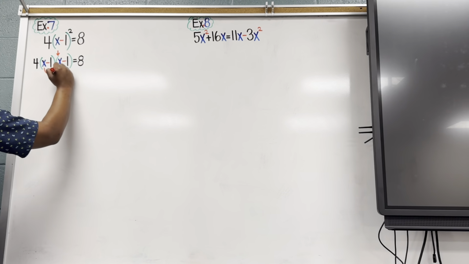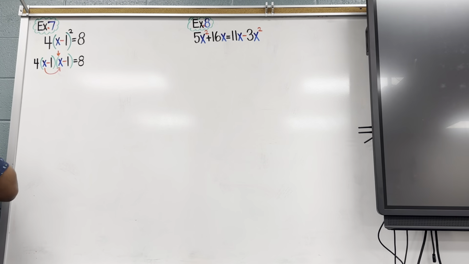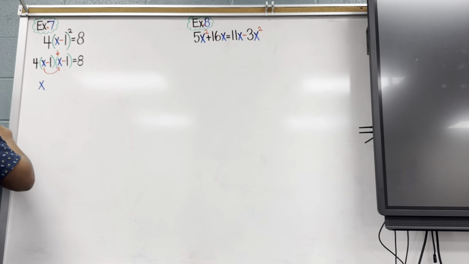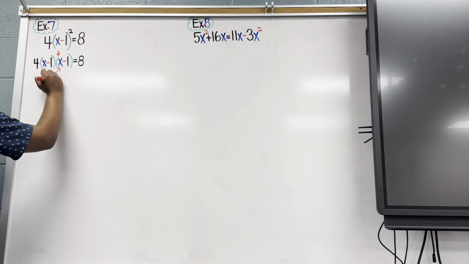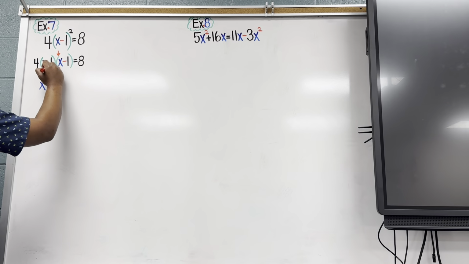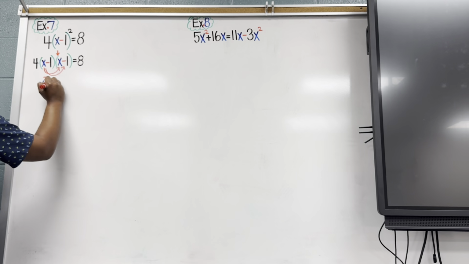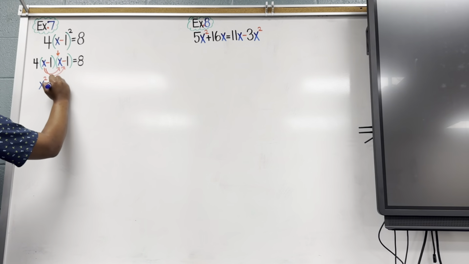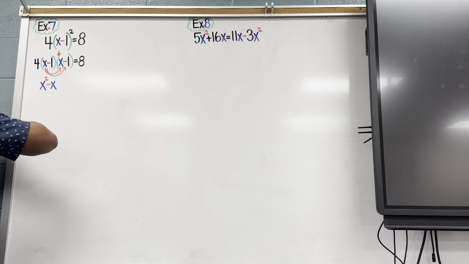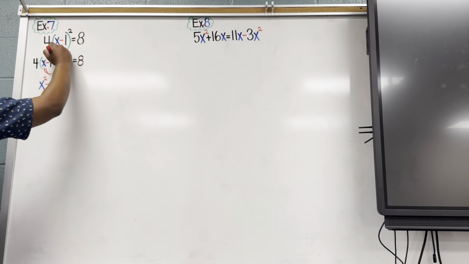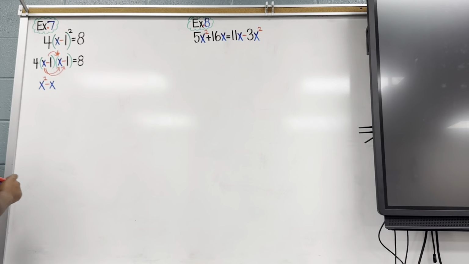x times x is x squared, or x to the second power. X times negative 1 is negative x, so it's minus x. Then negative 1 times x is negative x, or minus x.